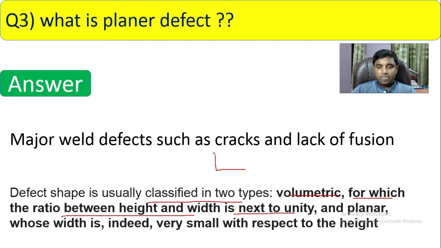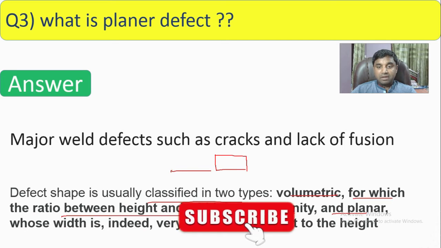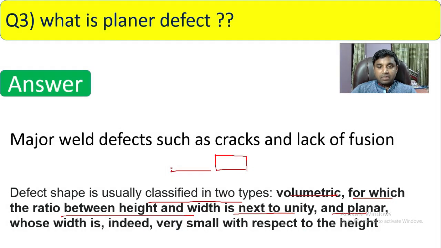This type of defect is called a volumetric defect. And in the planar defect, width is there, but you cannot see the very small height, that is called cracks. In a crack you cannot see the height of the defect. In lack of fusion, sometimes you can see some small height. So the answer is major weld defects such as cracks and lack of fusion.